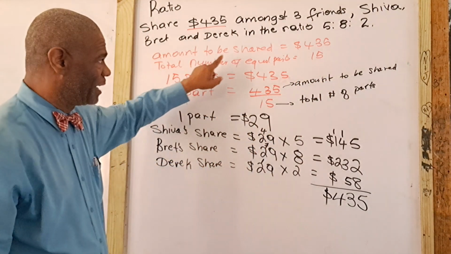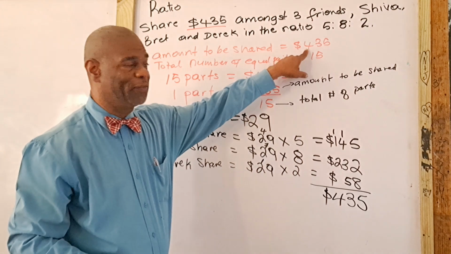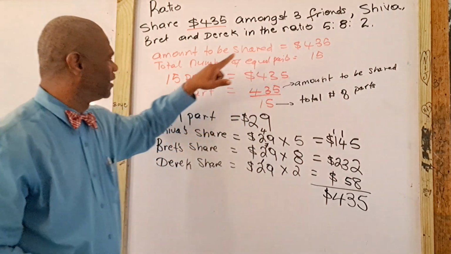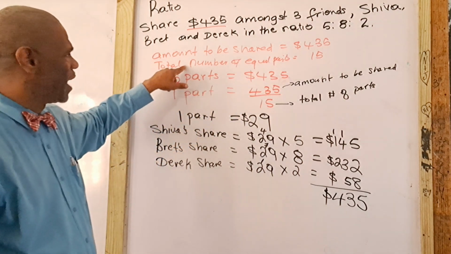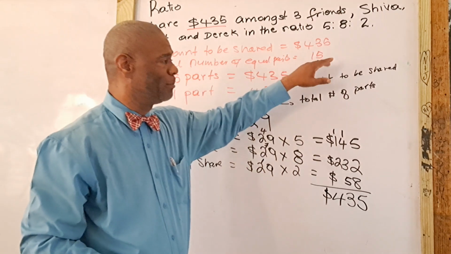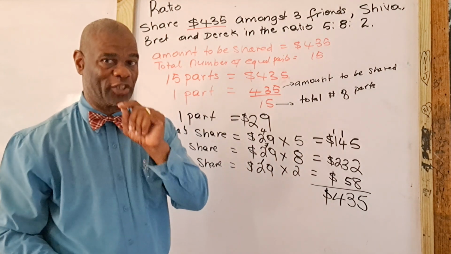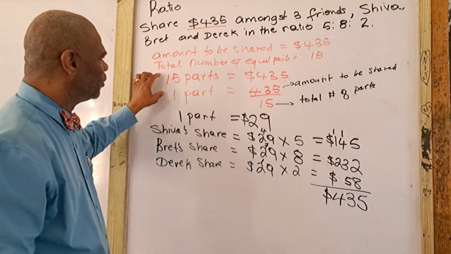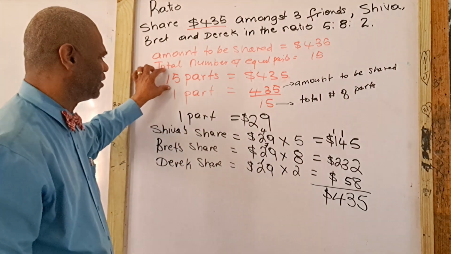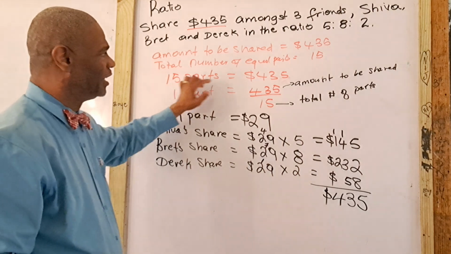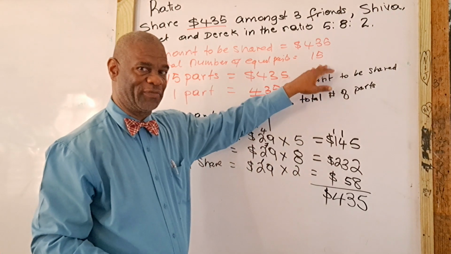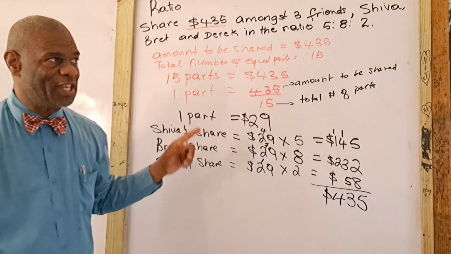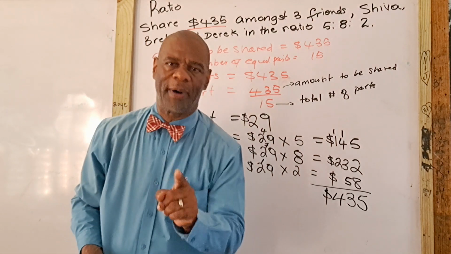So we identify the amount of money to be shared, which is $435. Then we write down the total number of parts the money is to be shared into. So we say 15 parts is equal to $435. Now in this case, we want to find out what 1 part is.